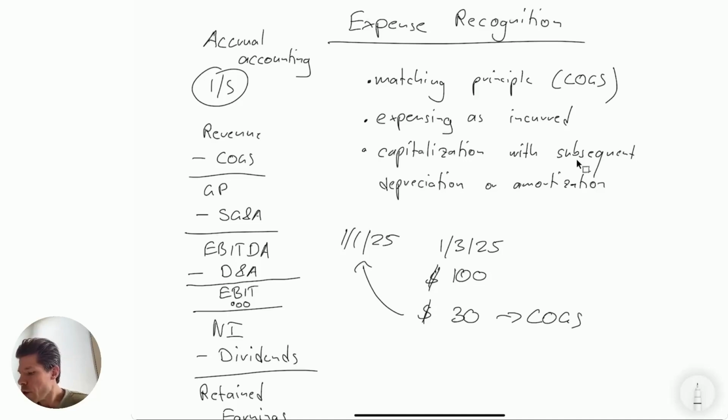You would recognize the underlying expense not when incurred, not when you pay, not when you buy raw material from your supplier. You would recognize and record the underlying cost when you recognize your revenue.